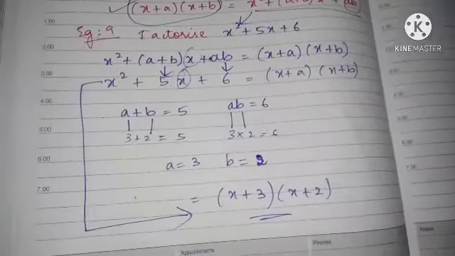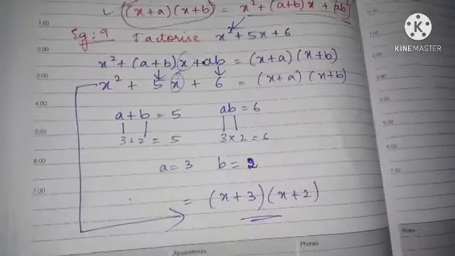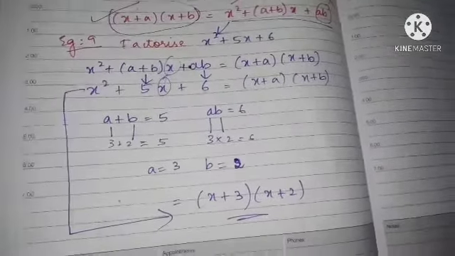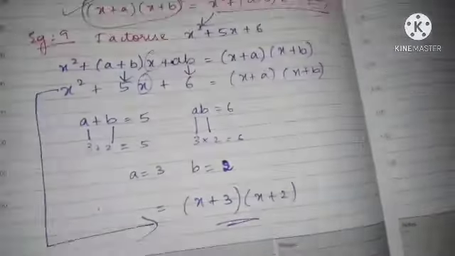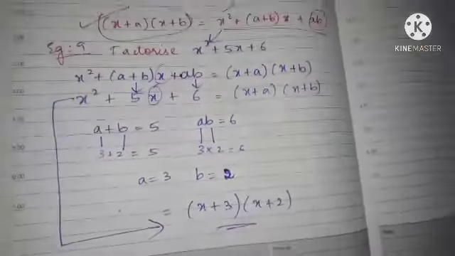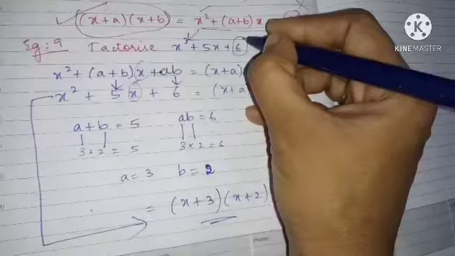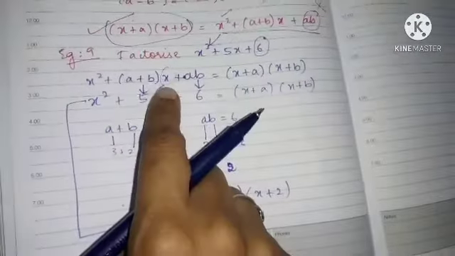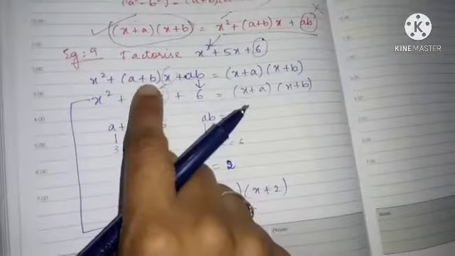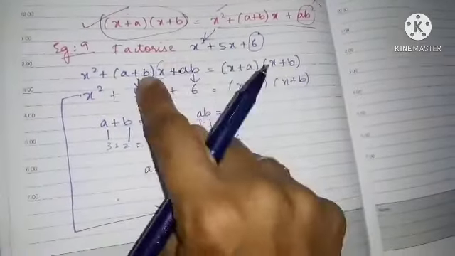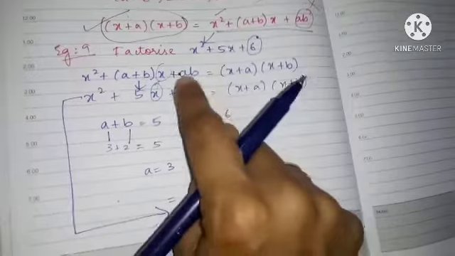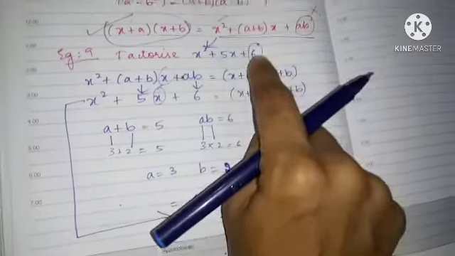Okay, listen children, it is very easy. When I am doing x square plus 5x plus 6, it is not a perfect square. So you are supposed to use this formula: x square plus (a plus b) into x plus ab. Here a plus b is nothing but 5, a into b is nothing but 6.